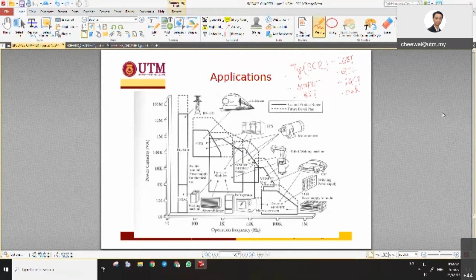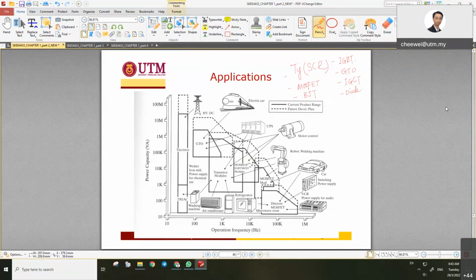Right. Electric car. EV. What kind of power transistors or power semiconductor devices should I choose for EV cars? GTO. GTO for EV car.